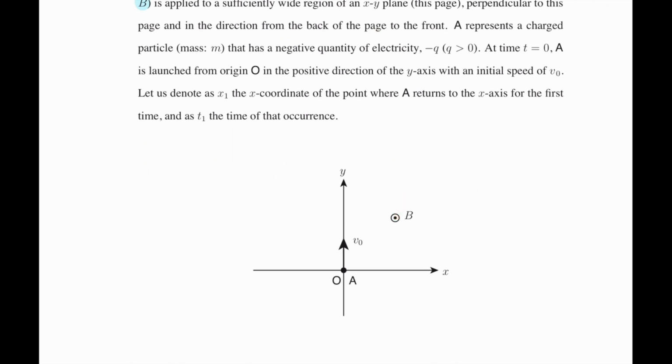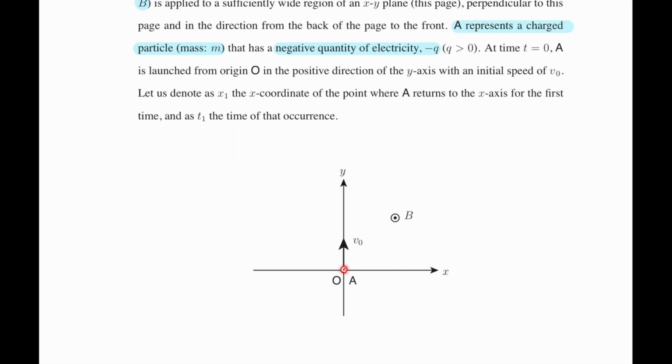A represents a charged particle with mass m that has a negative electric charge, which is negative Q, where Q is greater than 0.